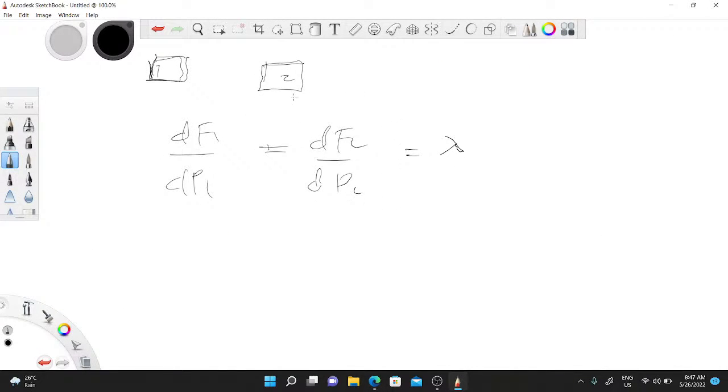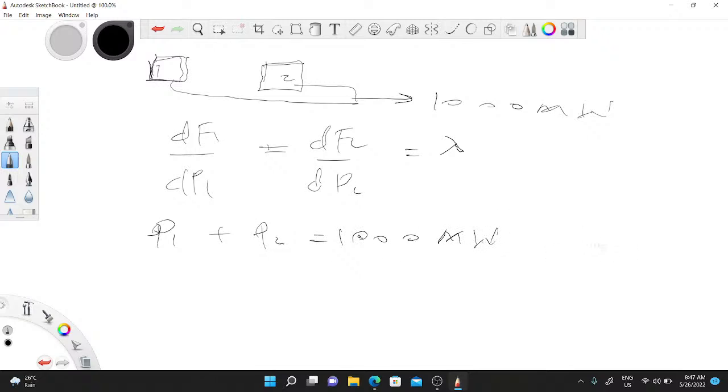So we know that these two plants combine to supply 1000 megawatts, which means we can form a first equation: the power supplied by unit 1 plus unit 2 is equal to 1000 megawatts. Equation 1.